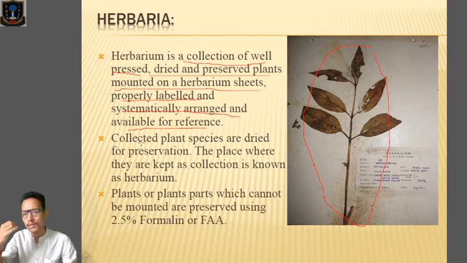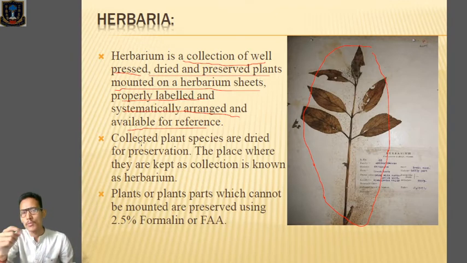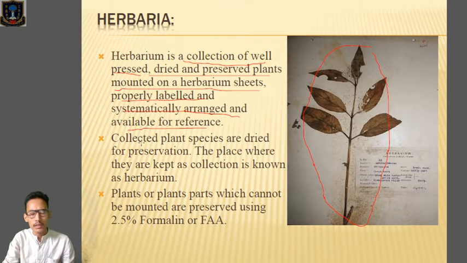So we have to collect the plant from a particular habitat, from the particular place where it is present or found. So first collect the species, and while collecting the plant, you have to note down several things. There are a few important points you have to remember. Clear? You have to note it down. Whenever you are collecting the plant from a particular habitat, you have to note down the habit and habitat of the plant.